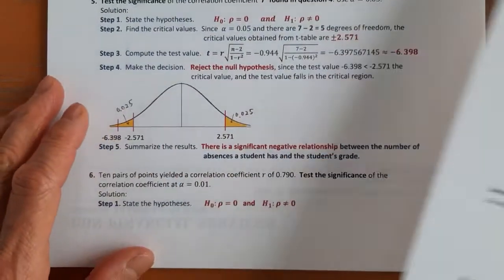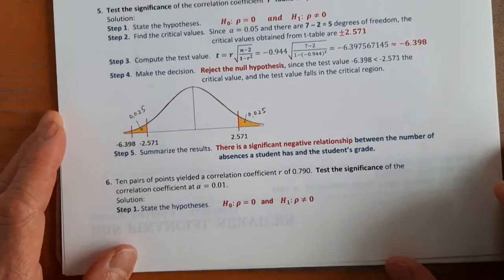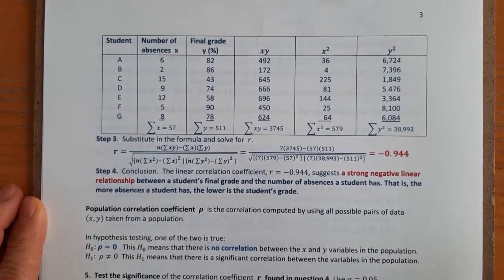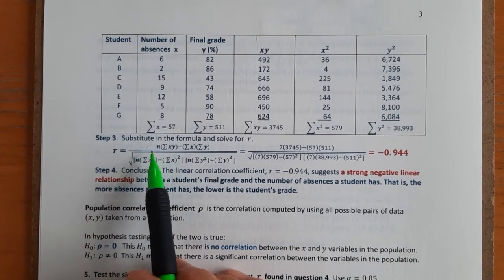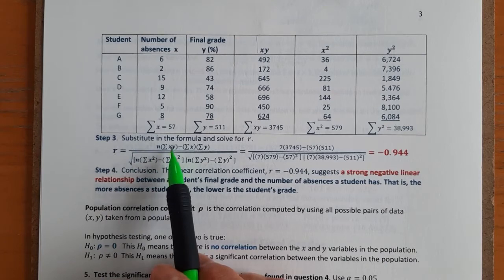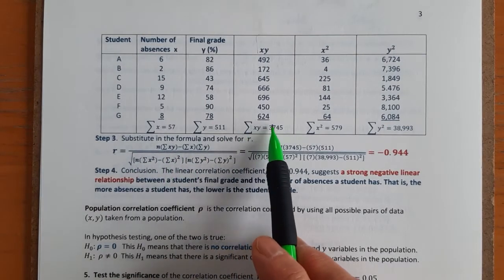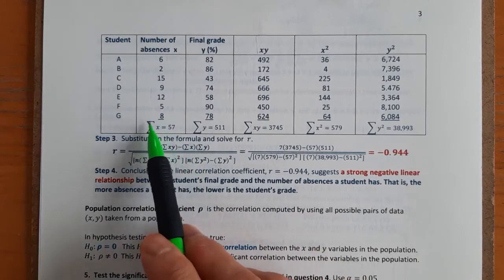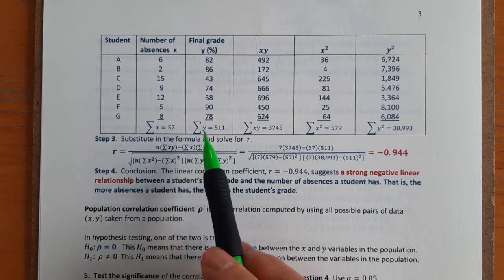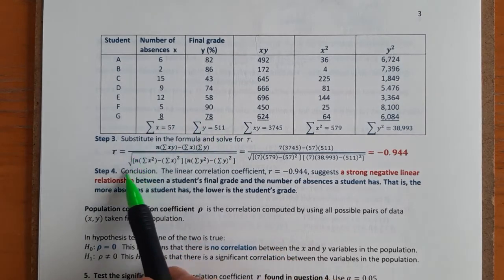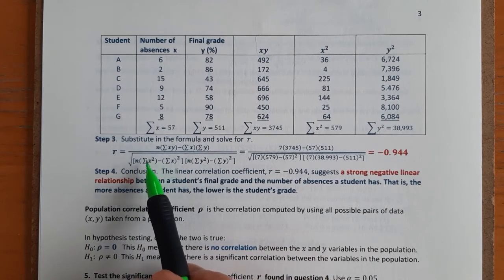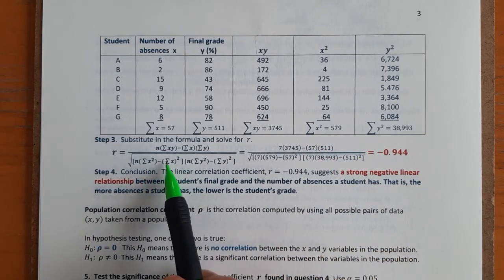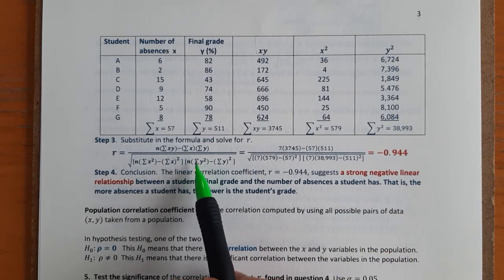Because the R formula is this one: R equals n times summation of xy, minus summation of x times summation of y, over the square root of n times summation of x squared, minus summation of x squared, times n times summation of y squared, minus summation of y squared.